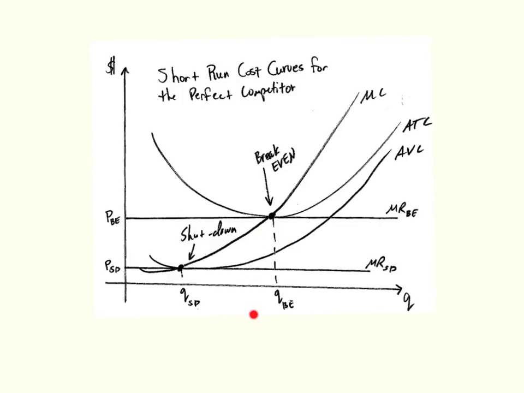It's important for us to realize that even if a firm produces in this area here because of a market price and they earn a negative profit, this doesn't mean that the firm is not maximizing profits. Again, it's just like utility. We assume that we're always maximizing utility, that the decisions we're making with respect to consumption are always doing the best with what we have. And we assume the same thing in firms. So when a firm is earning negative profit, we're left to assume that that is because of market conditions and not necessarily because of poor business decisions.